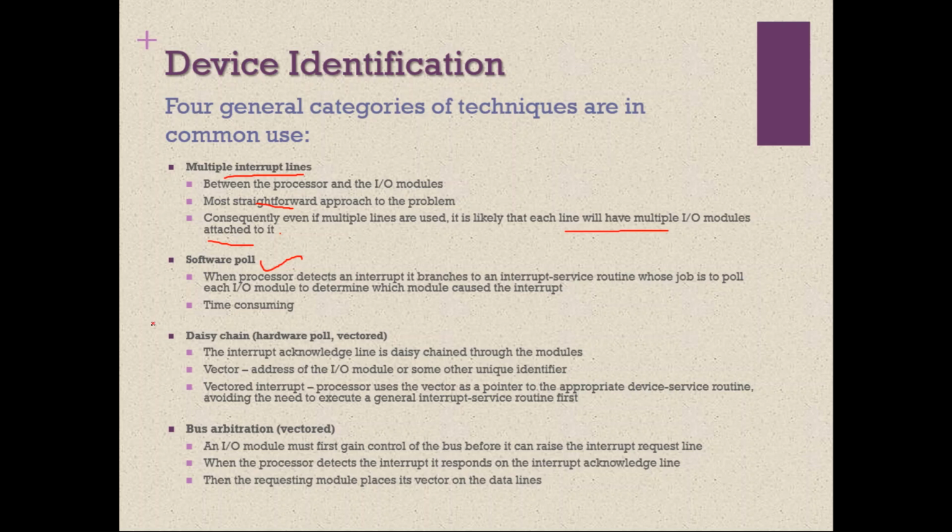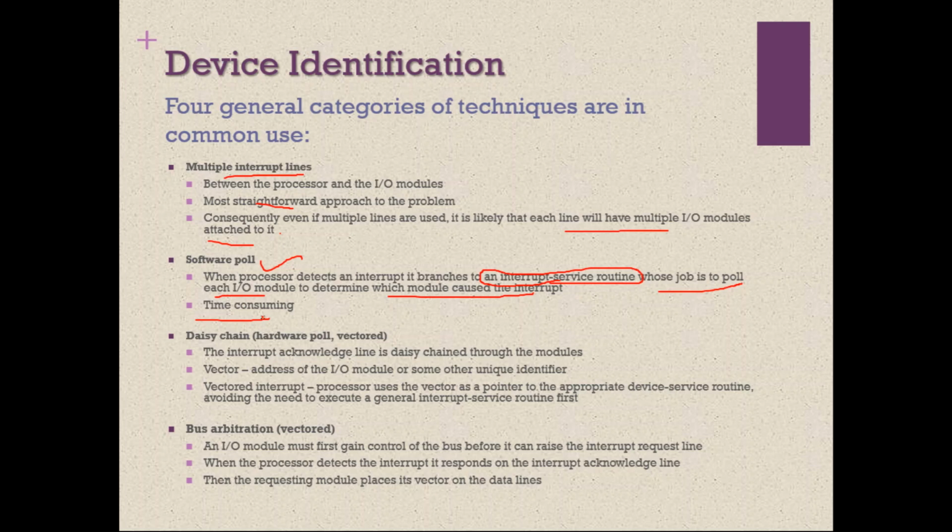This is a very time consuming technique. When the processor detects an interrupt, it branches to an interrupt service routine and executes it. The job of that interrupt service routine is to poll each IO module. Poll means check: to check each IO module to determine which module caused the interrupt.